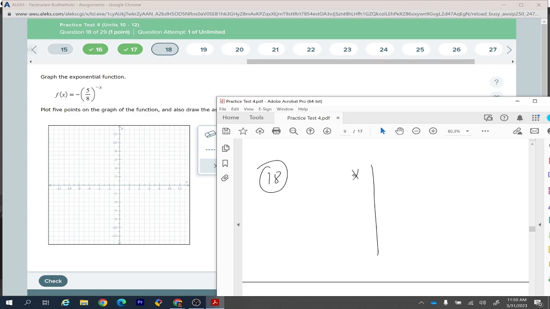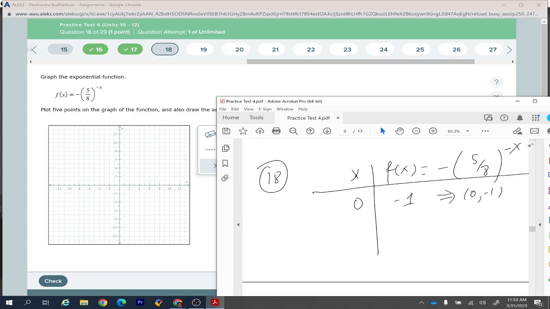Choose x and find the value of f of x using this formula, which is -5/8 to the power -x. I'm going to choose x equal 0 because that's easy. When I replace x by 0, this expression becomes 1, so that gives me -1. So at 0, the value of this function is -1.